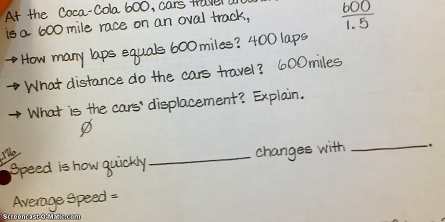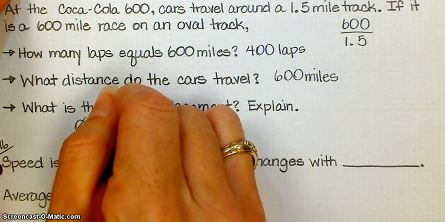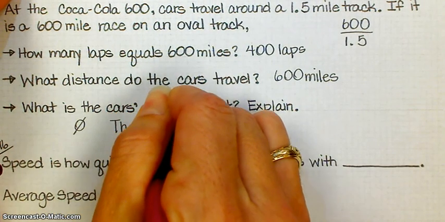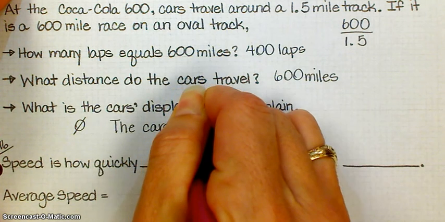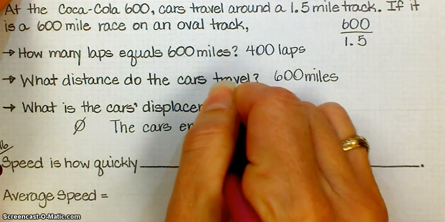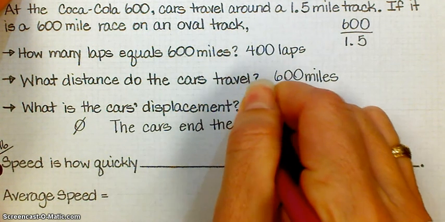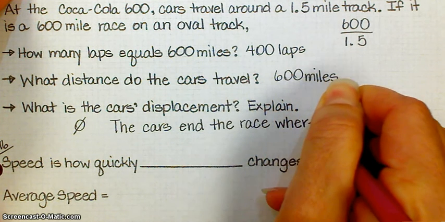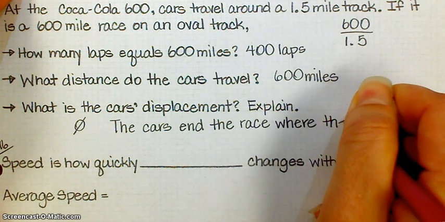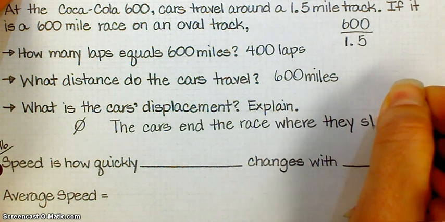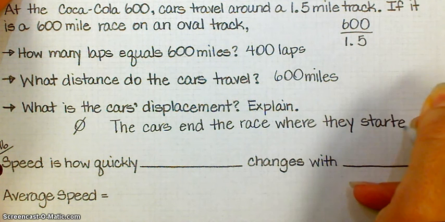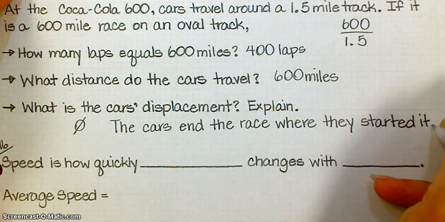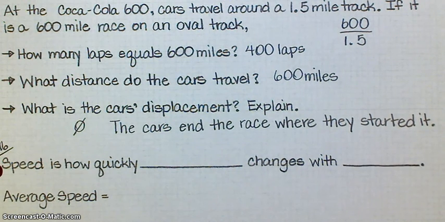Okay. Oops, that's all crooked. Okay, so they're basically just going around in circles or on ovals, but they're not going anywhere, right?